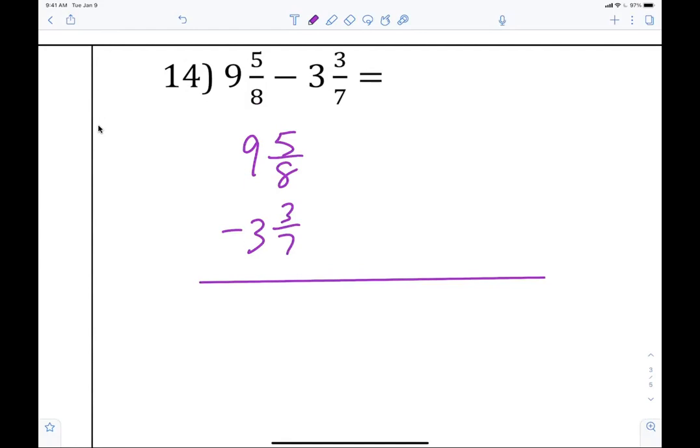Now listen, because there is nothing common with 8 and nothing common with 7, you can just multiply those two together, right? Always on your test, if you have trouble, you can just multiply them all together and it'll always give you the right answer, but it's not always the least. That's how easy that is.